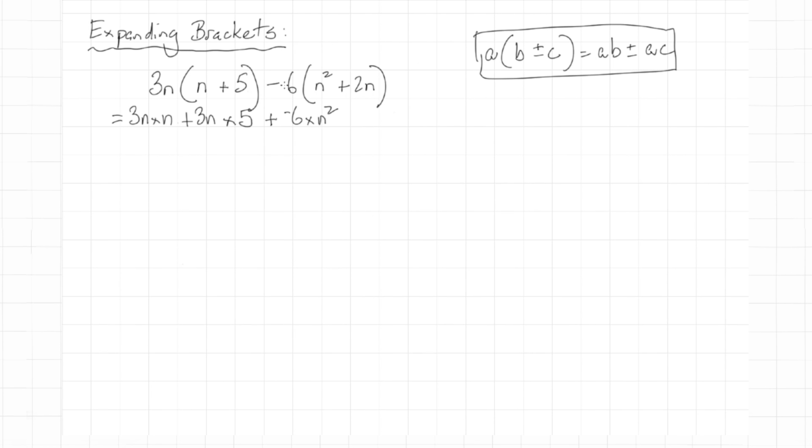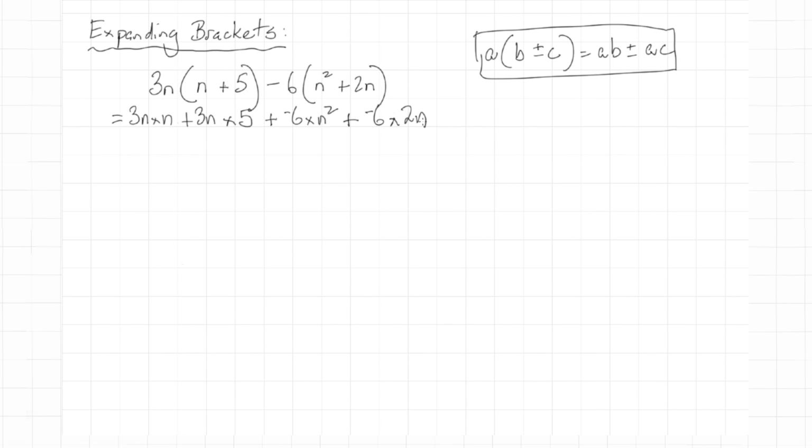So we could have written plus a -6 there. I'm going to choose to do it this way. So -6 times n squared, the plus comes down, and then it's -6 times, sorry, 2n. So it's -6 times the last term, and the last term is 2n.